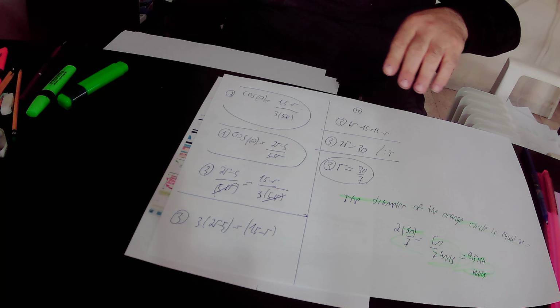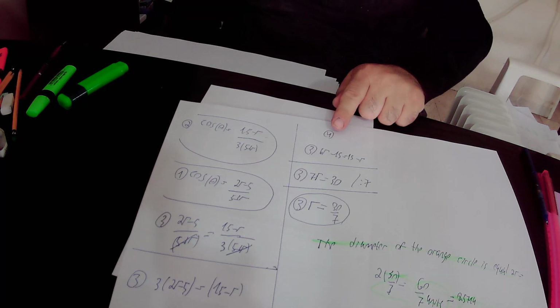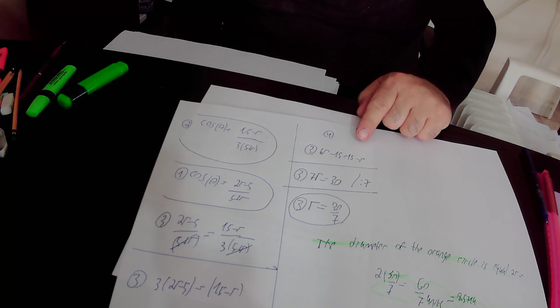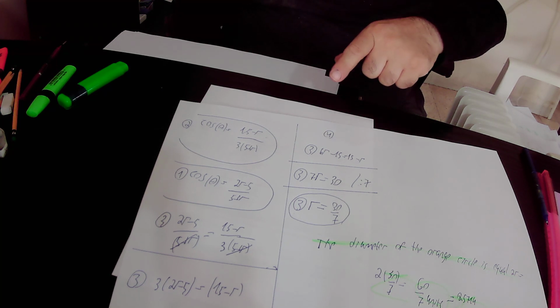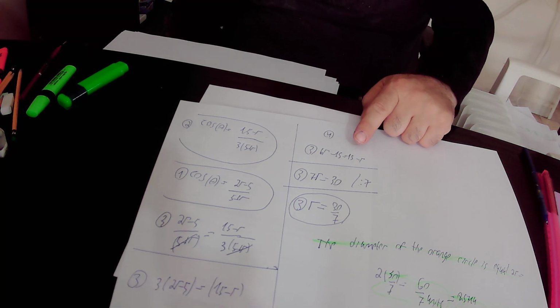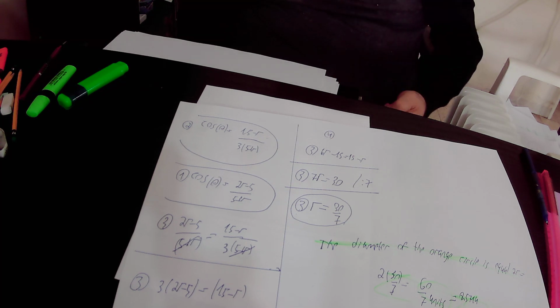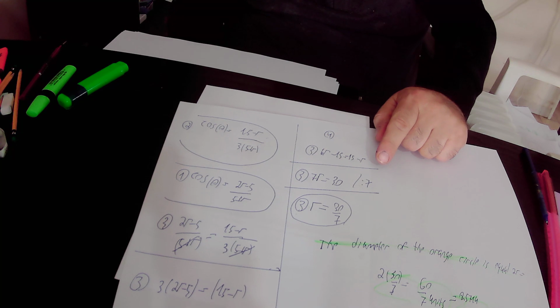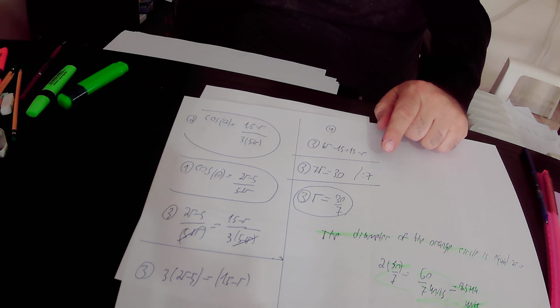We open the brackets here, and we got that 3 times 2r equals 6r, 3 times minus 5 equals minus 15, and it is equal to 15 minus r. Here we added r to this equation, and we also added 15, and we got that 6r plus r is 7r, and 15 plus 15 is 30. So in conclusion, according to equation number 3, 7r equals 30. We divided equation number 3 by 7, and we got that the radius of the orange circle is equal to 30 over 7 units.